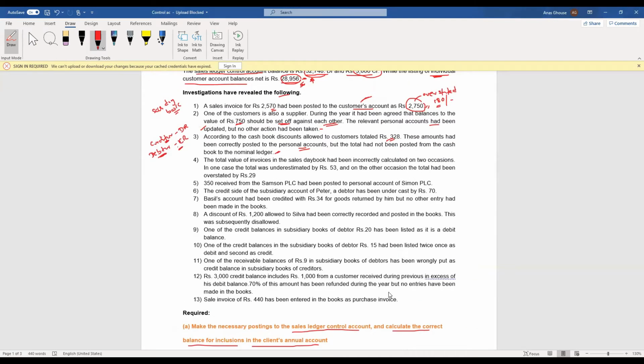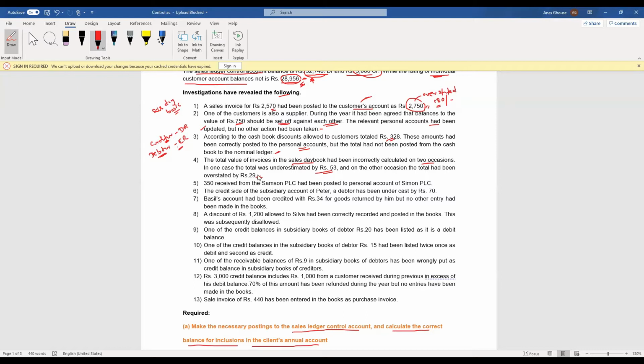So, fourth entry: the total value of invoices in the sales day book had been incorrectly calculated on 2 occasions. In one case, the total was underestimated by 53 rupees, and on the other occasion, the total had been overstated by 29. Okay, so as I told you earlier, the control accounts are updated from day books.